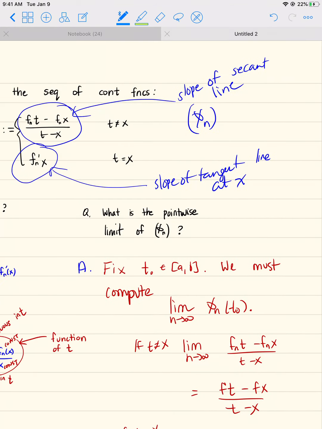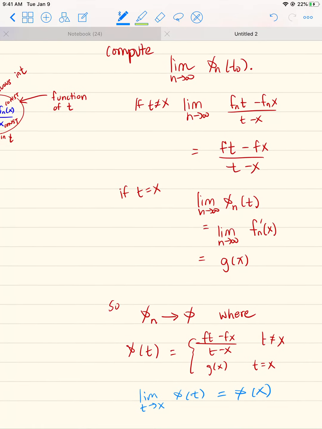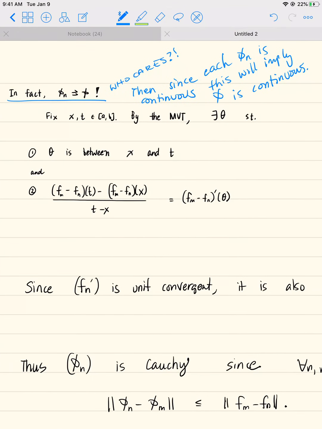And if phi is continuous, remember, according to our definition, that means that the limit as t approaches x of phi of t is equal to phi of x. And plugging everything in, that would be g of x, and this would be the limit as t approaches x of f of t minus f of x over t minus x. Since that limit will exist, we will get f prime of x equals g of x, which is what we want. Okay.